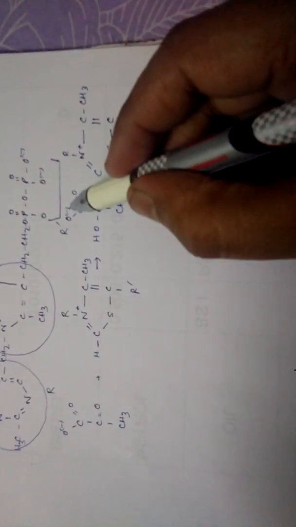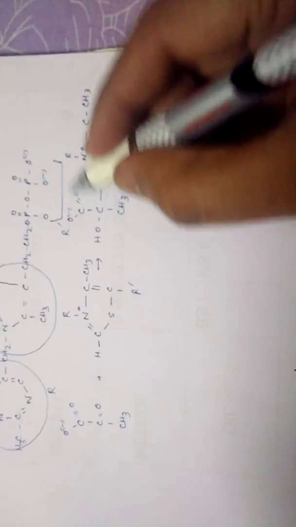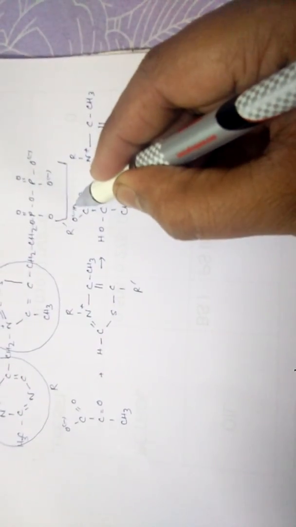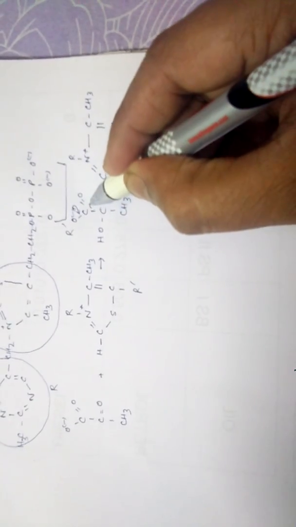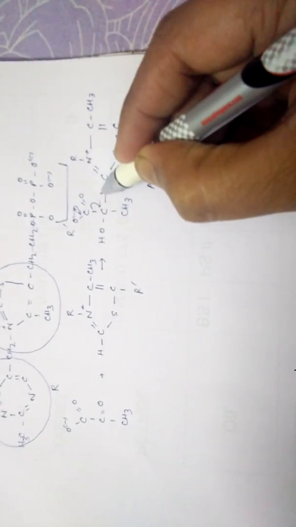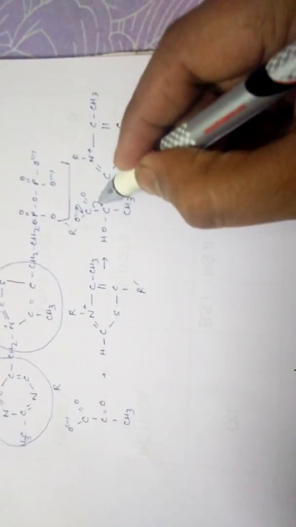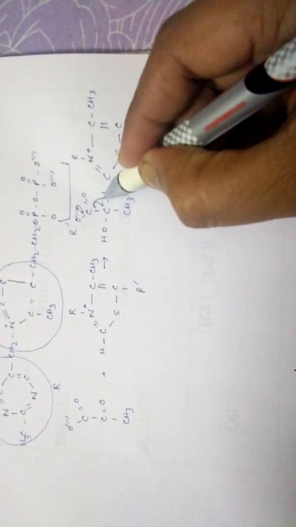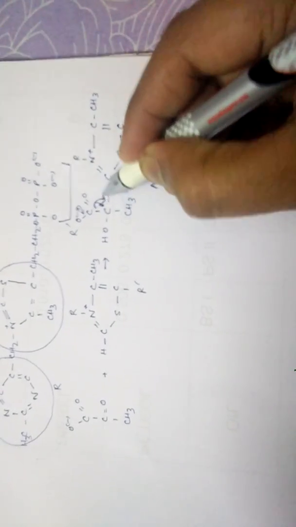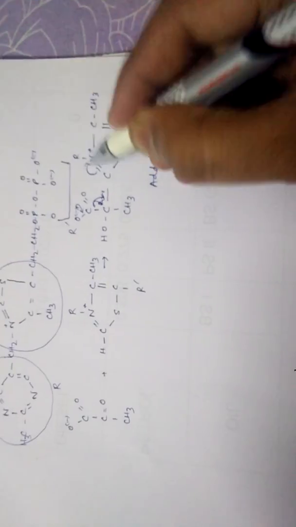Now what will happen? We have a negative charge here. If this charge shifts to that position, this C-C bond will be broken down, and this bond should be deposited here. So actually what will happen?